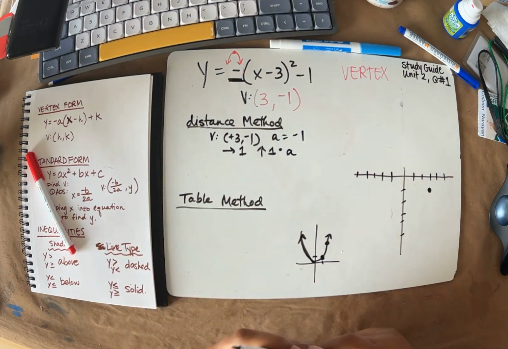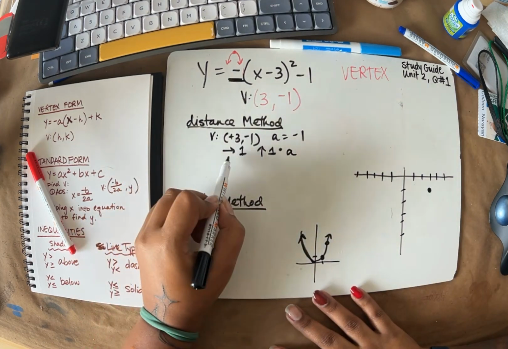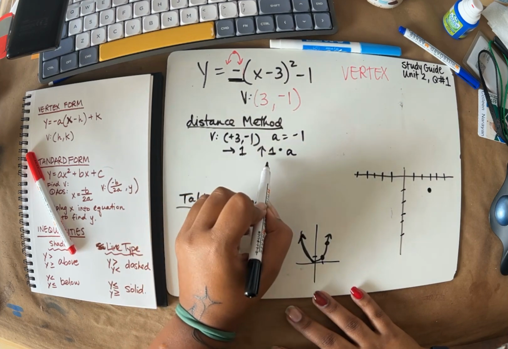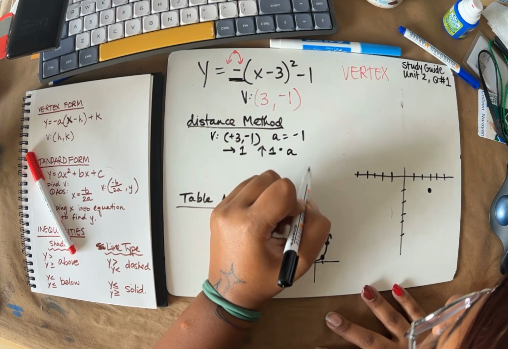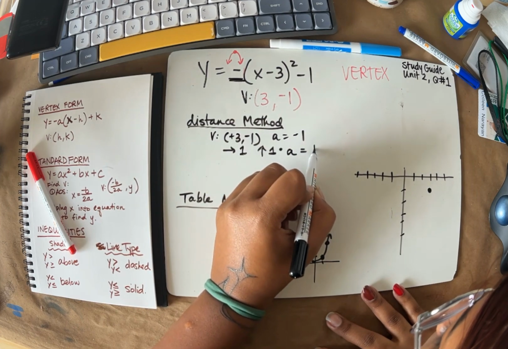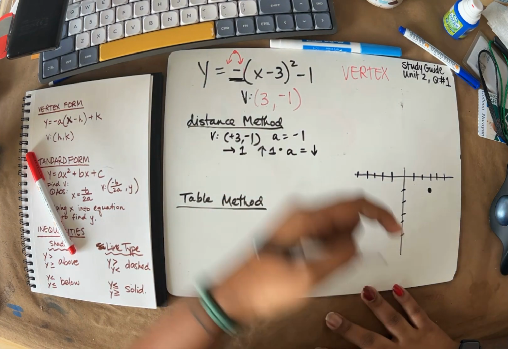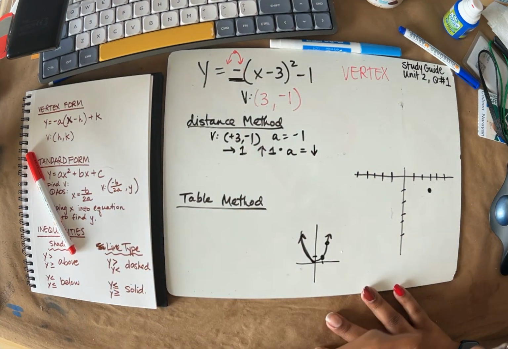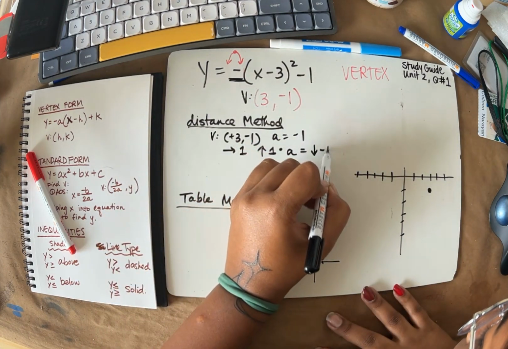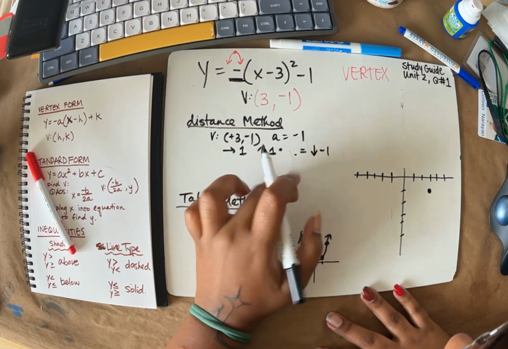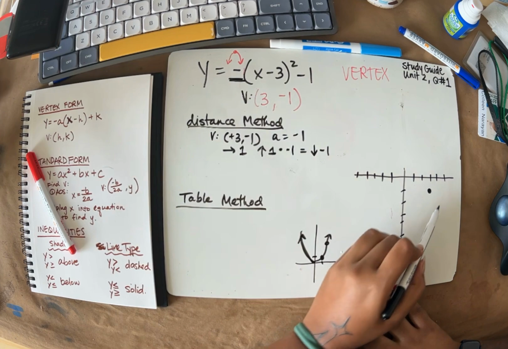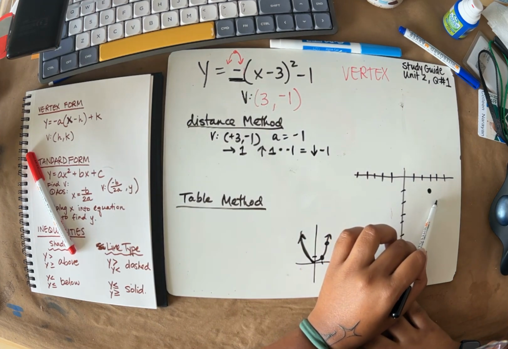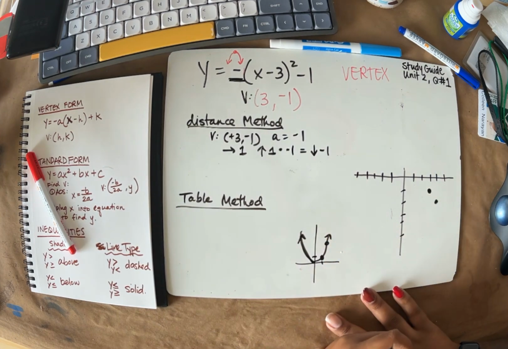Going back to my distance method, it is our vertex. We are moving right 1, and then we're moving up 1 unit times our a value. But our a value is negative. That means that I'm going down because negative is a downward movement in our y values. So a is our -1. I could plug in -1 for our a, and I go down 1. So right 1 and then down 1 is my next point.